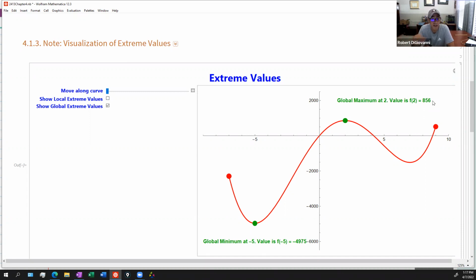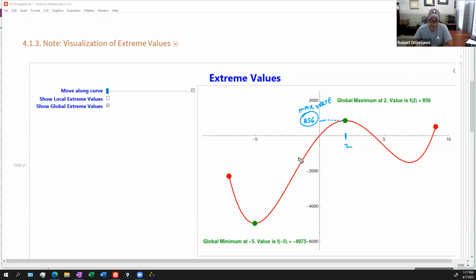Let me say that again. The absolute maximum is always the y value that comes out. It's the highest value. It happens at 2, but the height of the point is 856, and that's the maximum value.